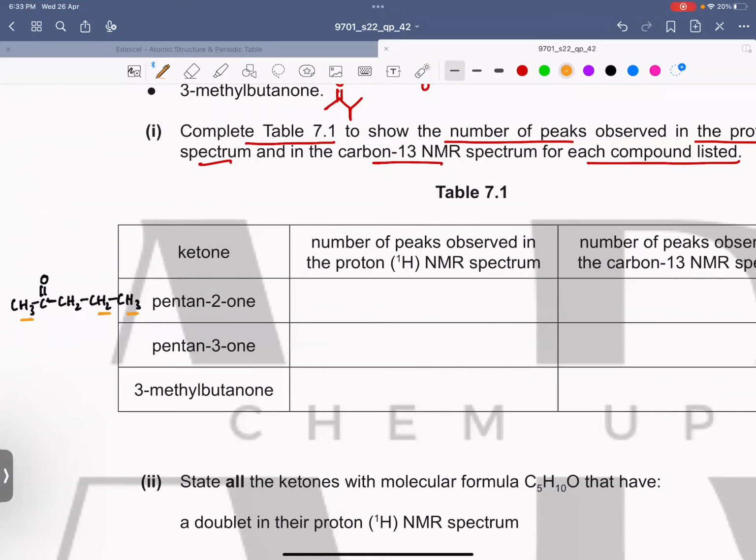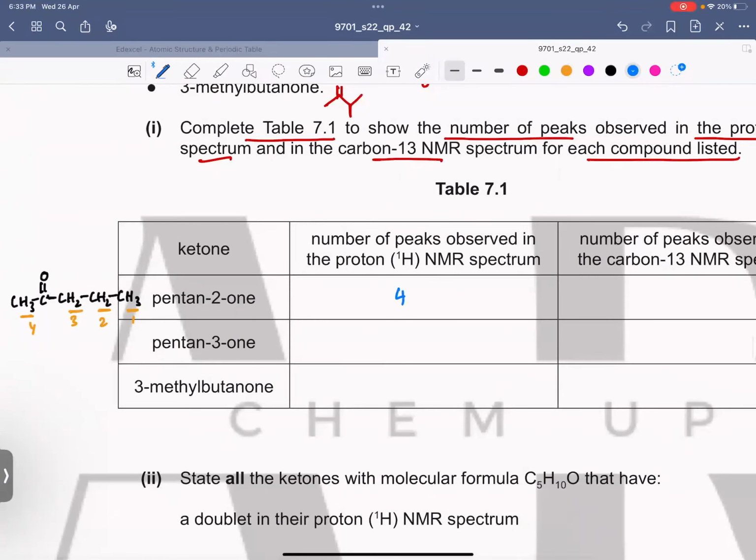This hydrogen is different from the others because on both sides there is a methyl group, and these hydrogens are also different because on one side there is a carbonyl and on the other side there is a methyl. So 1, 2, 3, 4. We are going to get 4 signals in proton NMR.